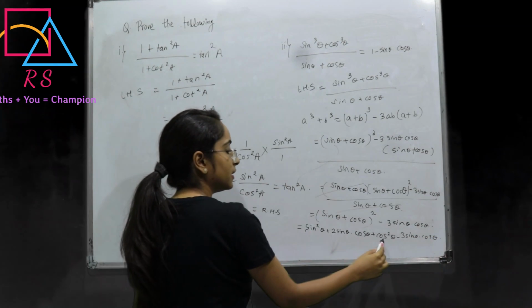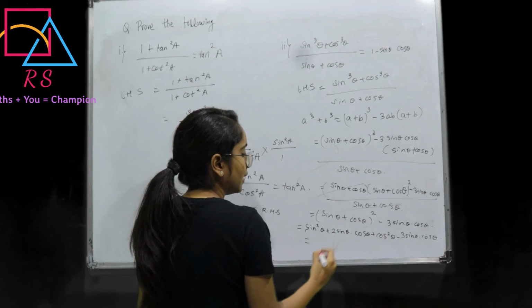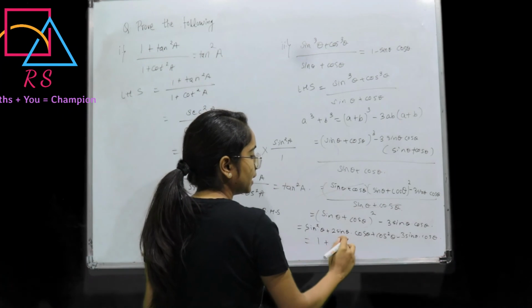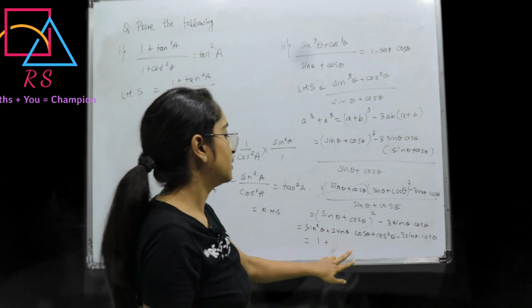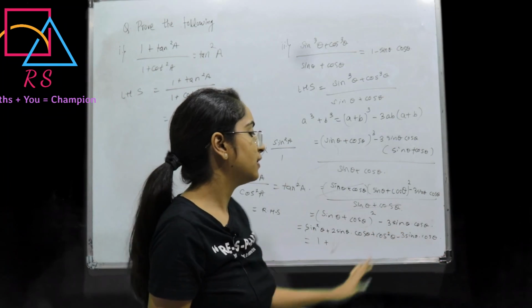So here sin² theta plus cos² theta is 1. I will write it as 1, and the remaining value is 2 sin theta cos theta minus 3 sin theta cos theta.